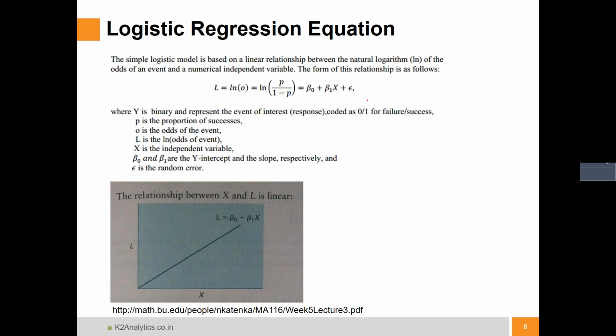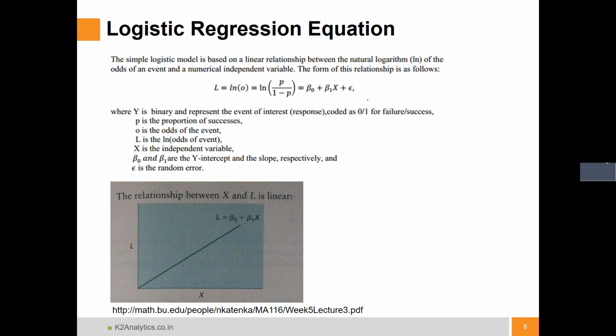Can I use a linear regression instead of logistic regression? No. Reason being, you can use linear regression, but technically no. If you put some caveats, then yes, but technically no, because linear regression is not bounded by 0 and 1.